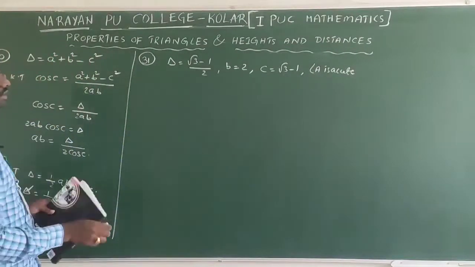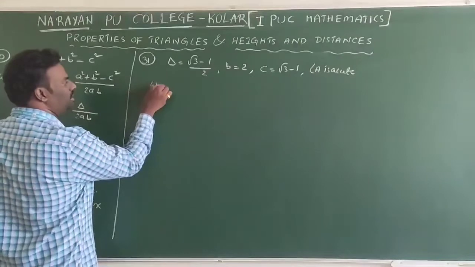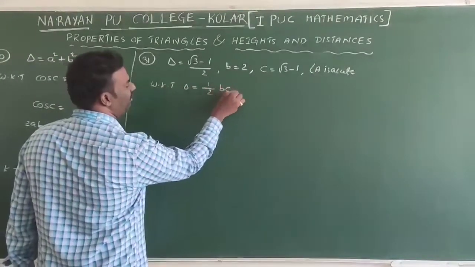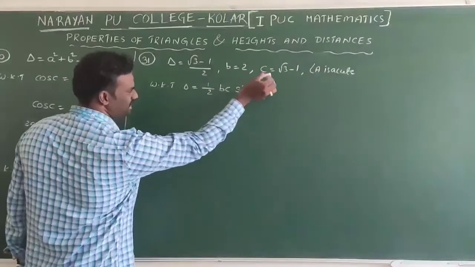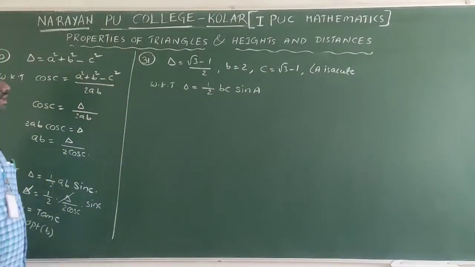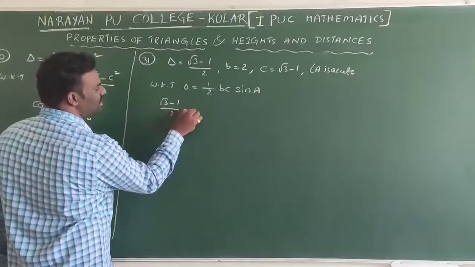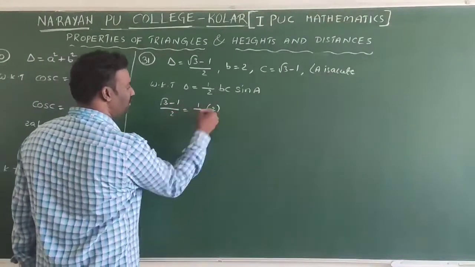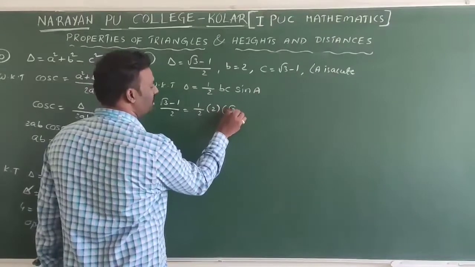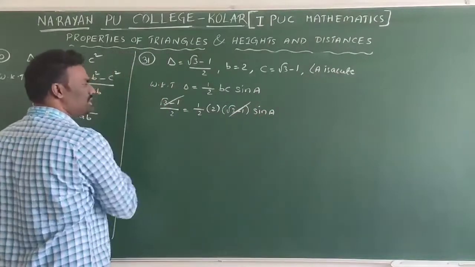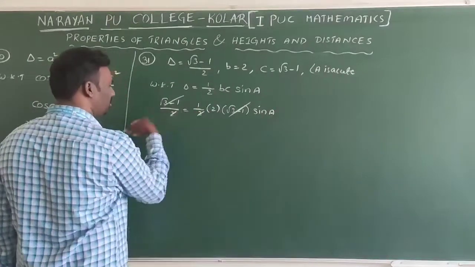We know that delta is equal to half bc sin A, because b and c are known. That is, root 3 minus 1 by 2 is equal to half into 2 into root 3 minus 1 into sin A. Now root 3 minus 1 cancels, 2 and 2 get cancelled.